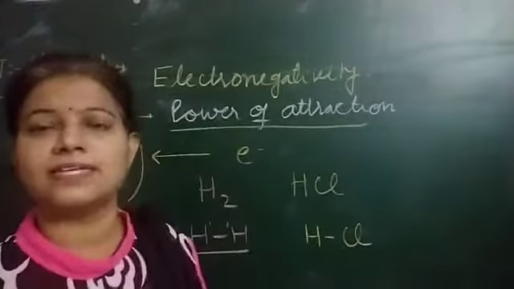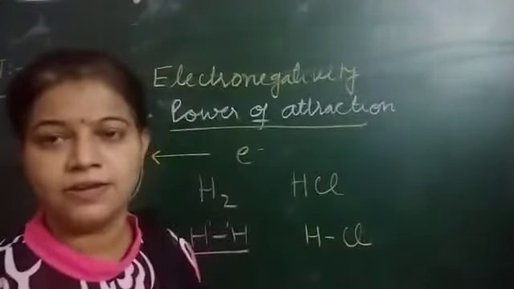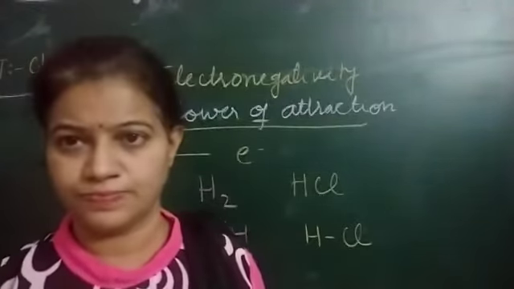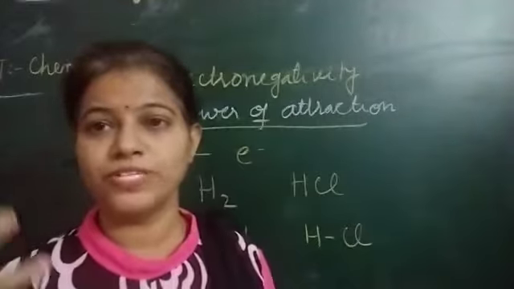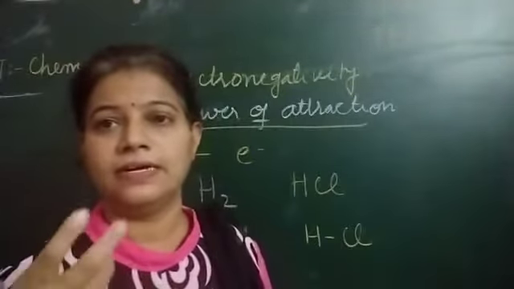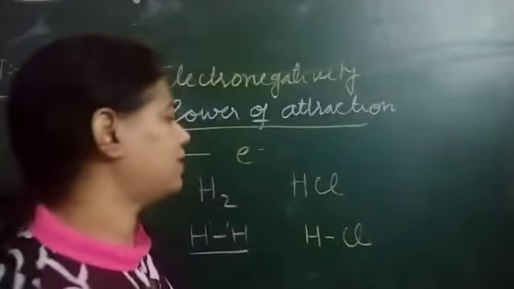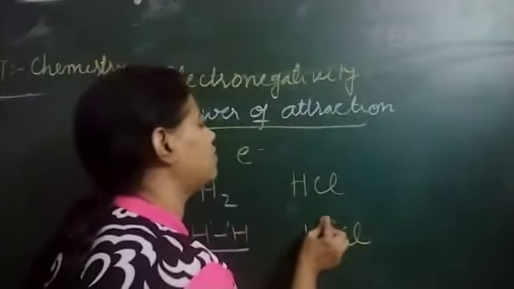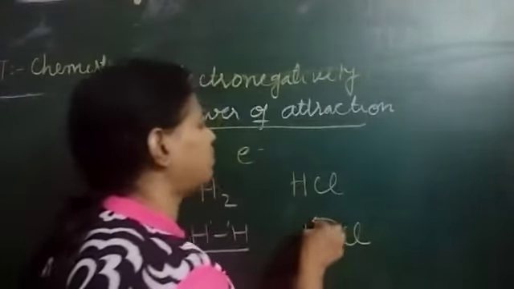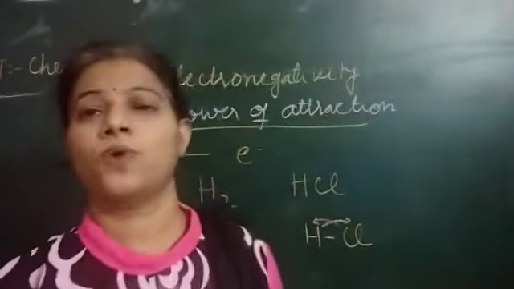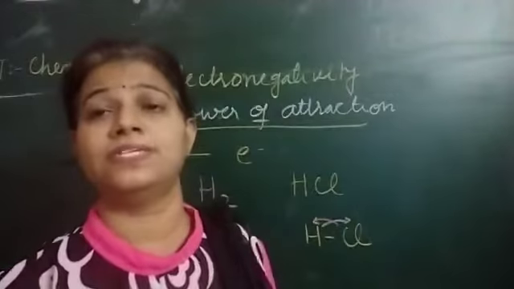While if we take the example of H and Cl, one is more powerful than the other, and the one that is more powerful tries to attract the electron towards itself. So what happened? The hydrogen tries to attract the chlorine's electron towards itself, and at the same time the chlorine tries to attract the electron of hydrogen towards itself.